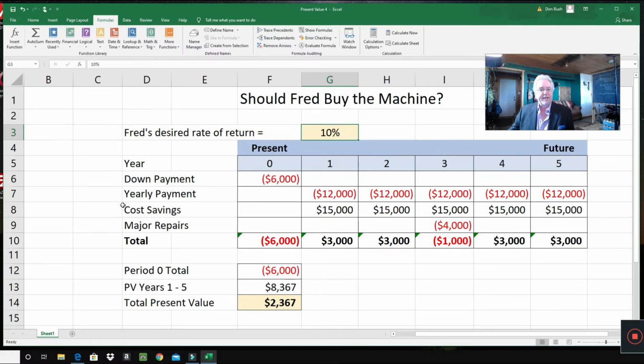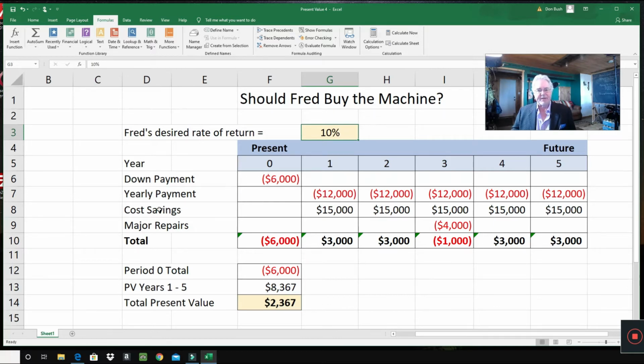So he also has to make yearly payments, and his yearly payments will be $12,000, and they're written as negative numbers. Now, it could very well be that Fred needs to make monthly payments, but the way this present value works is we usually just assume payments at the end of each year. So, for example, $1,000 monthly payments, we would just write that down as $12,000 yearly payments, and that's close enough.